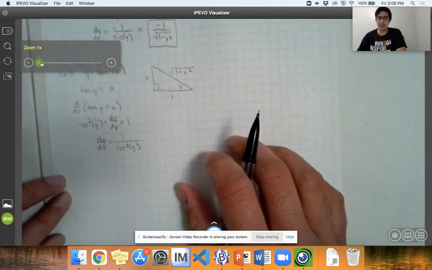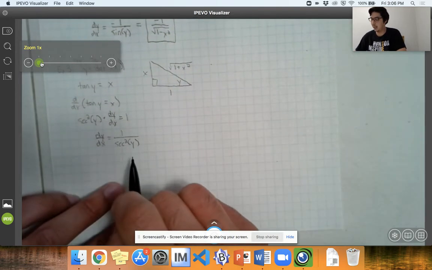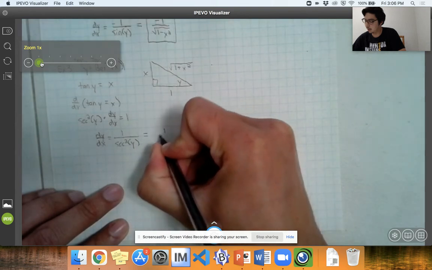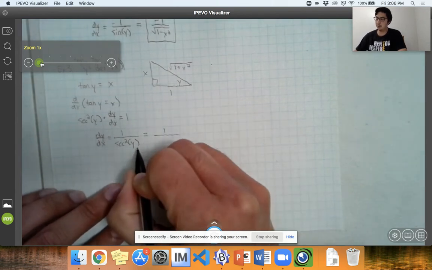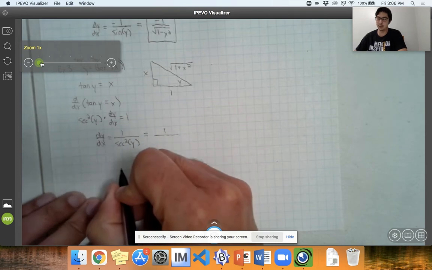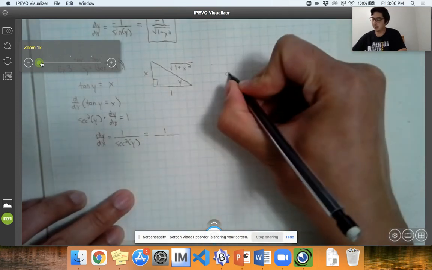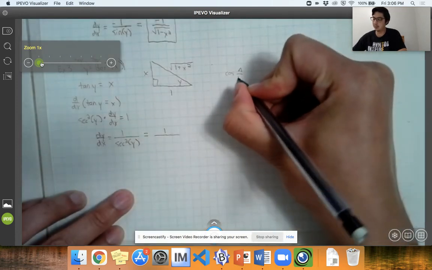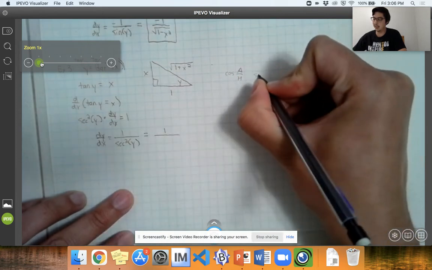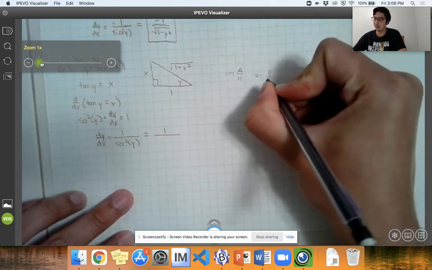All right? But to actually write the derivative, we want it in terms of x, not y here. So it's going to be 1 over secant squared of y. Now, a little trick: remember that secant is 1 over cosine, and cosine is adjacent over hypotenuse. Well, since secant is the reciprocal of that, that means secant is hypotenuse over adjacent.